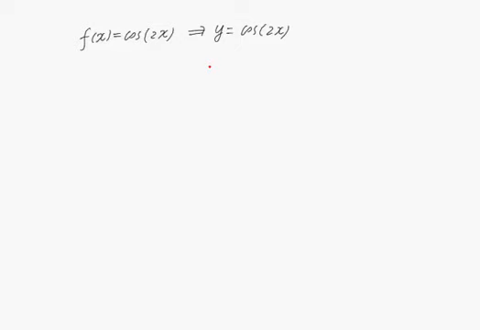And then we switch the roles of x and y. Then we get x is equal to cosine of 2y.